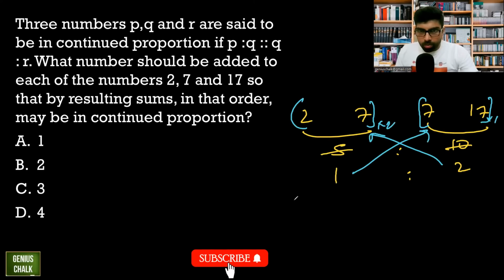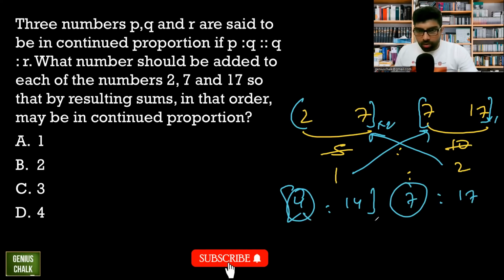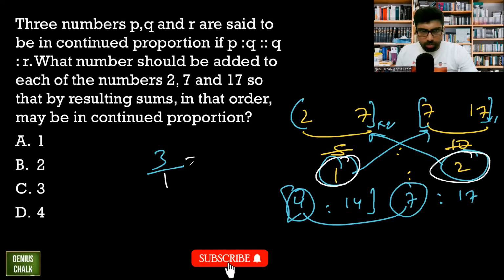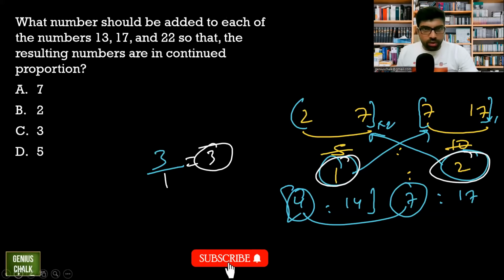So multiplying these two by 2 becomes 4 is to 14. And multiply this by 1 becomes 7 is to 17. Okay. Now let's compare the numerators. What is the difference? 3. And what is the difference in the ratio? That is also 2 and 1. The difference is 1. So my answer is 3 only. Right? Now let's solve some more questions using the same technique.